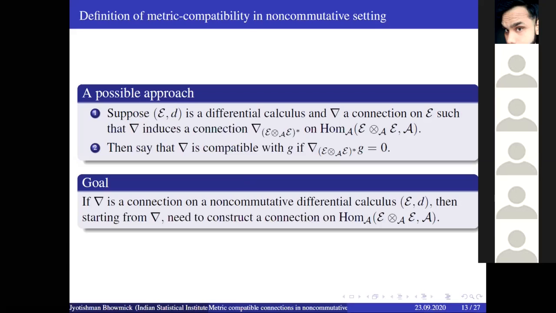I will give you two methods to do it. In the first method, it's after Beggs and Majid. So they work with any differential calculus, but they work with a specific class of connections.